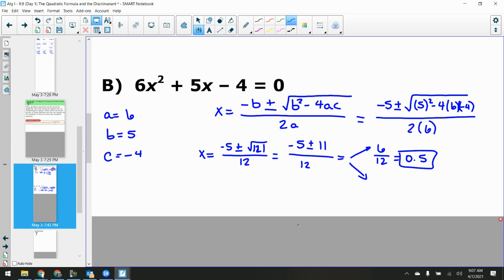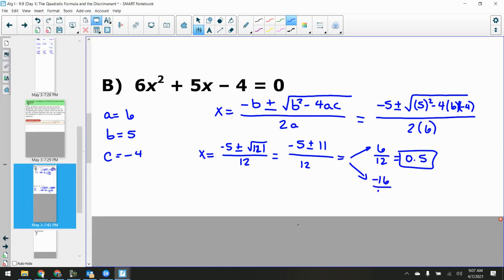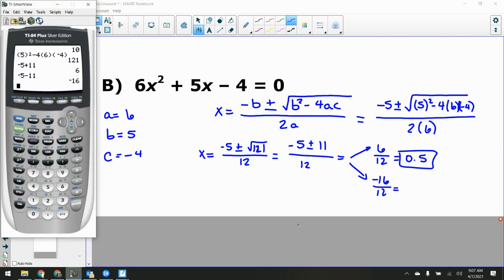And then I can take negative 5 minus 11. Negative 16 over 12, which is negative 1.3.